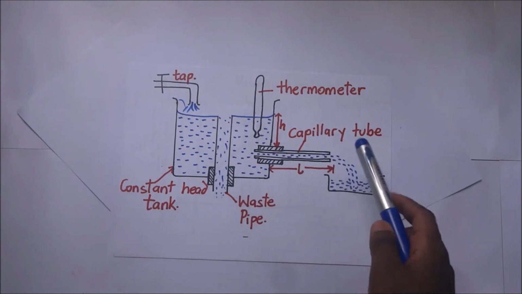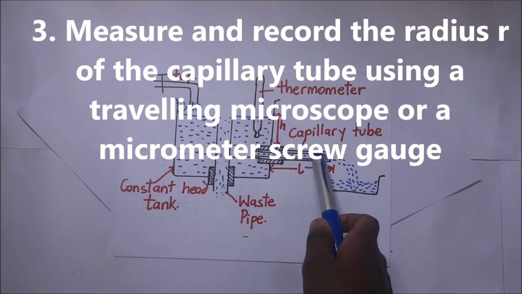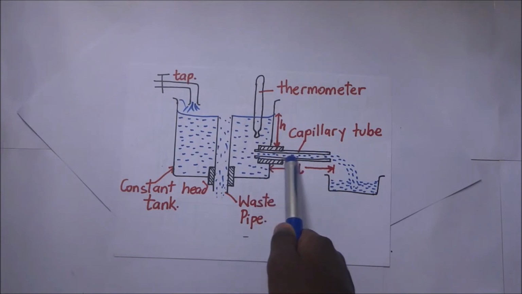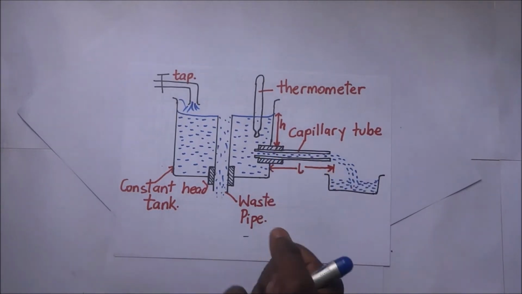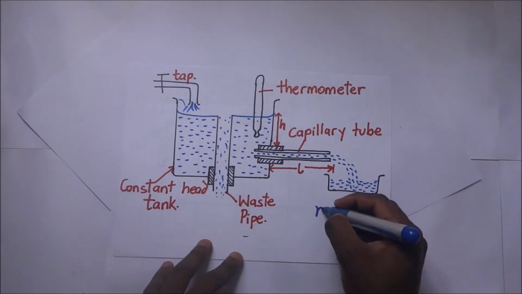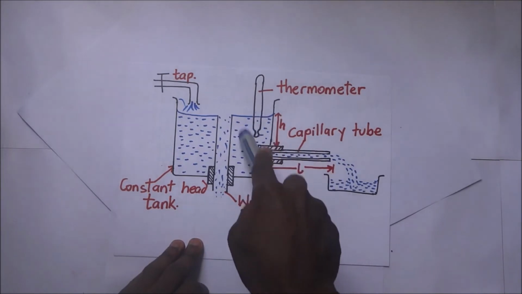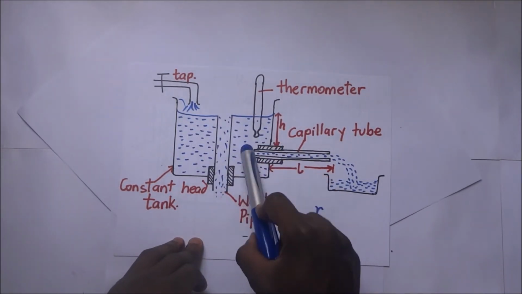We also are supposed to take record of the capillary tube's radius. To do so, we can use a traveling microscope or a micrometer screw gauge. By measuring this, we are trying to find the value of r, which we are going to use in our equation. Then we also need to know the temperature this liquid is at.